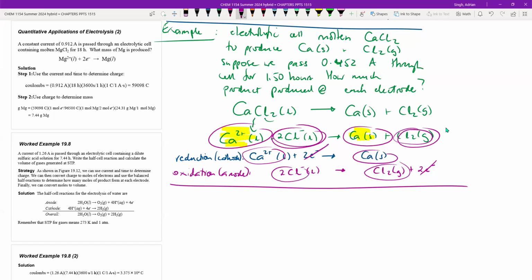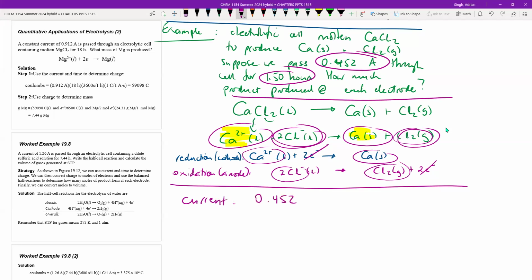So the amount that we need to calculate at each electrode will depend on the information that we're given. We're told that we have 0.452 amps through the cell for 1.5 hours. So the current here is 0.452 amperes, and the time is 1.5 hours.